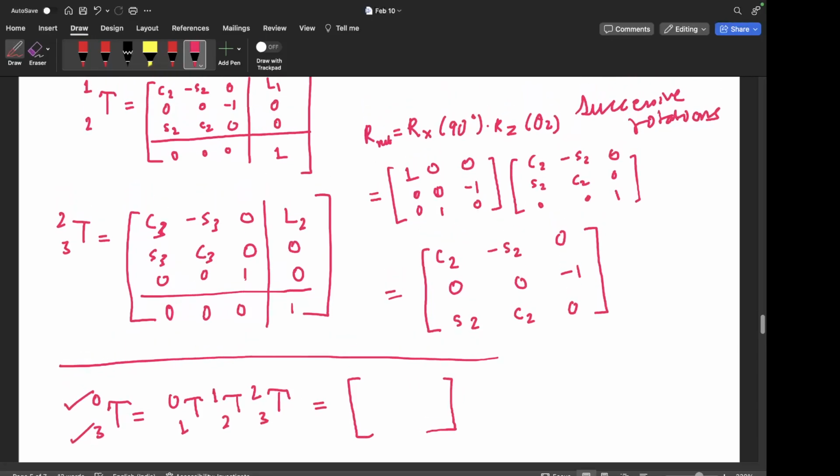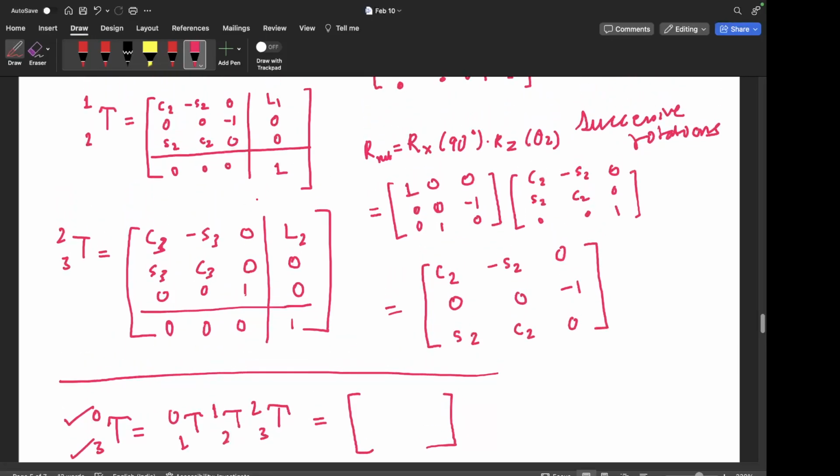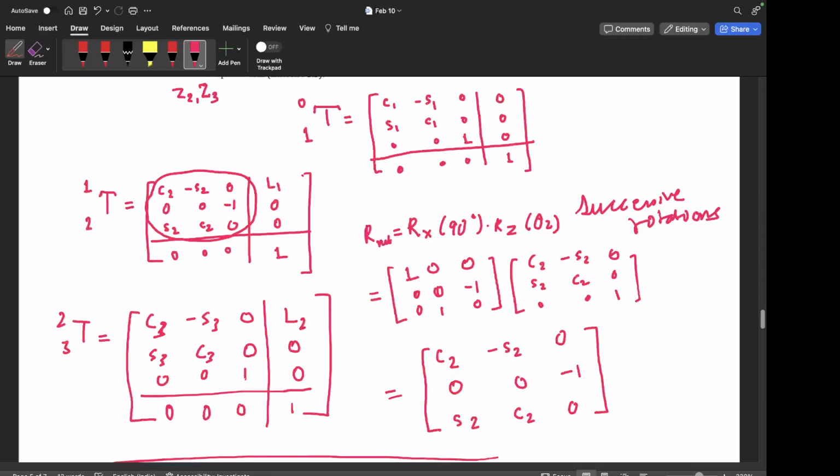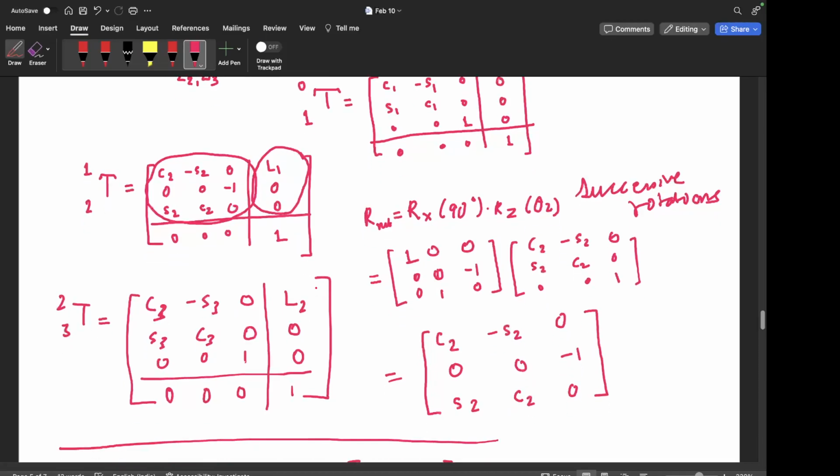That is how we get R net. R net goes in here and corresponds to the rotation part, the rotation transformation from 2 to 1, and this part takes care of the translation transformation from 2 to 1. That's how we make up this transformation matrix.